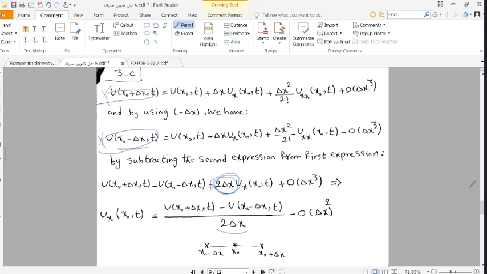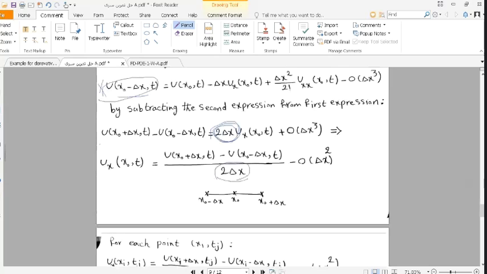It is the formula, not optional, and we should use 2 delta x for the central finite difference. Okay? Okay. Continue.